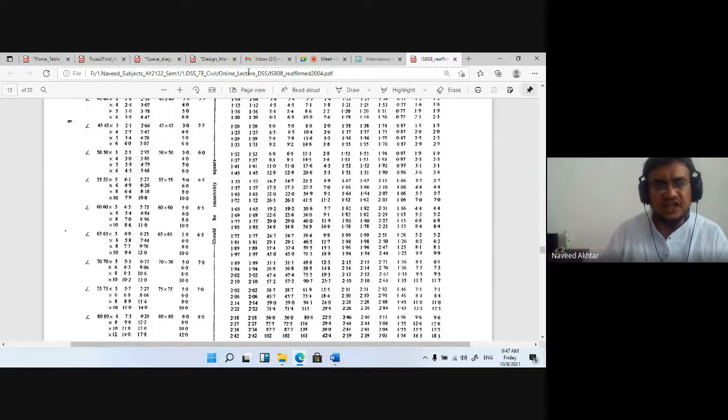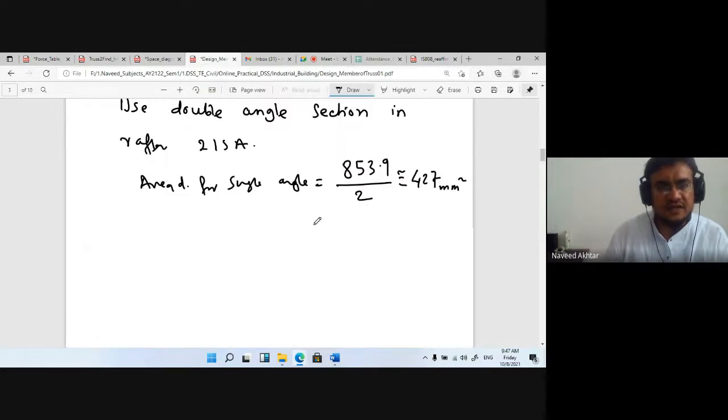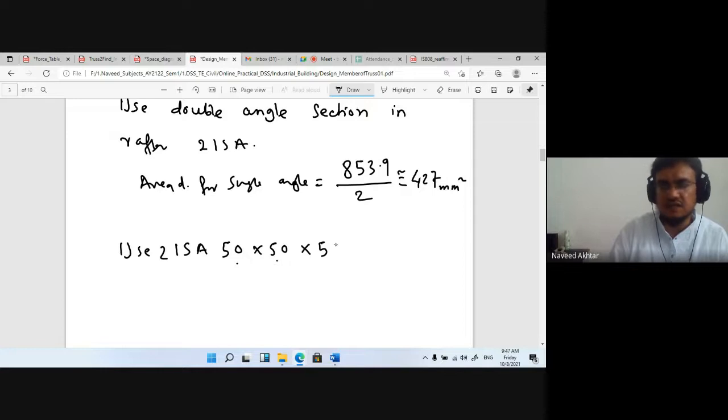Use two ISA 50 by 50, first leg, another leg, and 5 is the thickness.